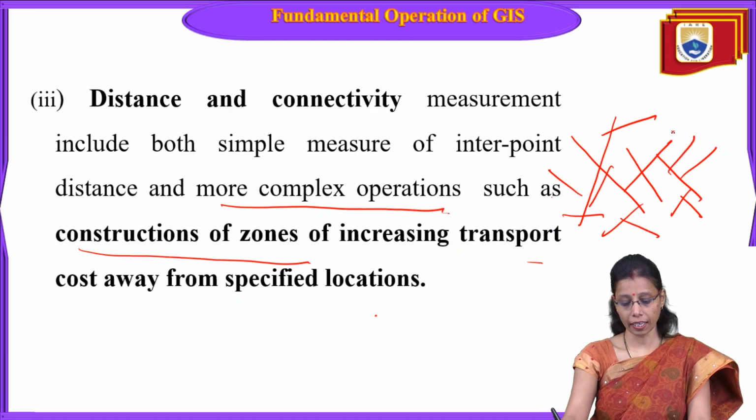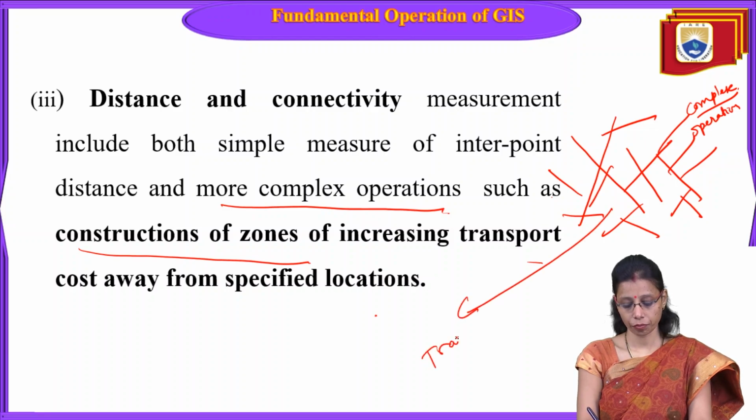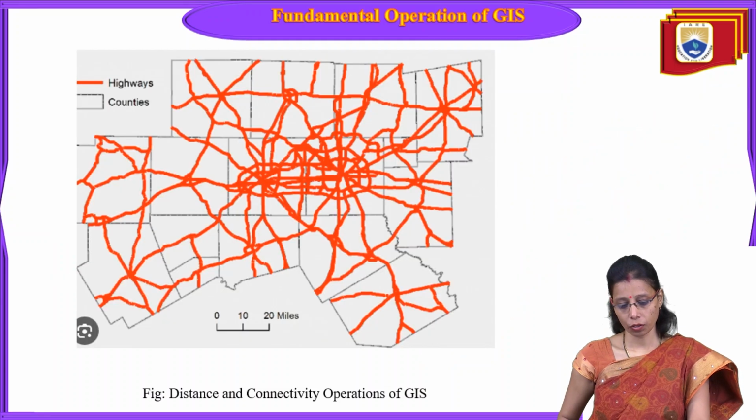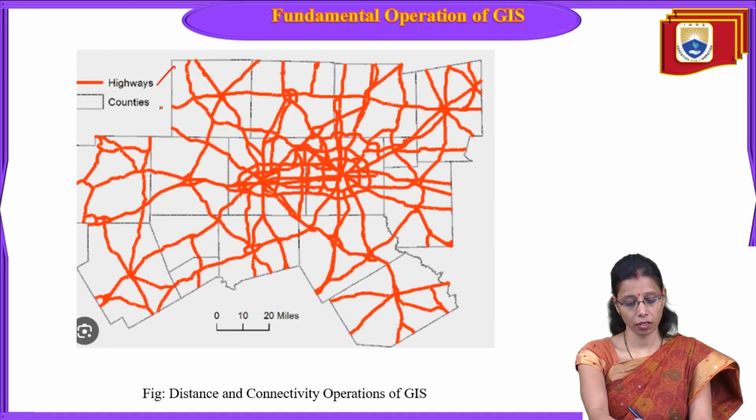Now this connectivity is a complex operation. For transportation you can easily do the distance and connectivity analysis, because all the transport will be connected to each other. One road is connected to the other road, so all transportation you can show through distance and connectivity. So it will tell you about, for example, the highways.